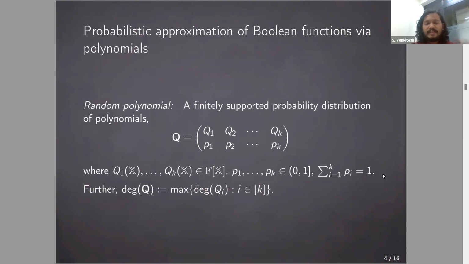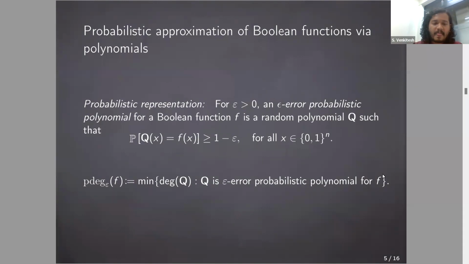And for any such random polynomial, we can define its degree to be the maximum degree among all the polynomials in its support, right? A fairly natural definition. And how do we use this to approximate functions? So for an error parameter epsilon, an epsilon error probabilistic polynomial for a Boolean function f is some random polynomial q such that the probability of agreement with the function value is at least 1 minus epsilon.